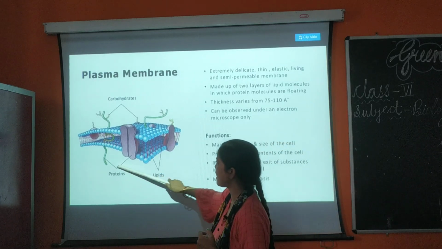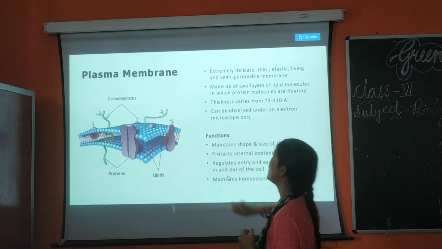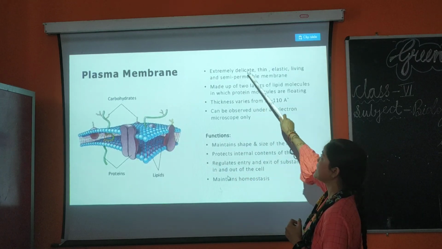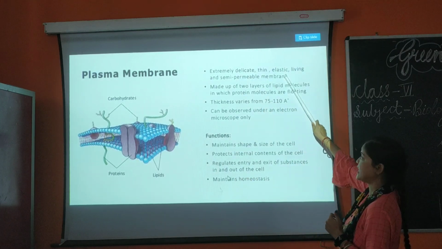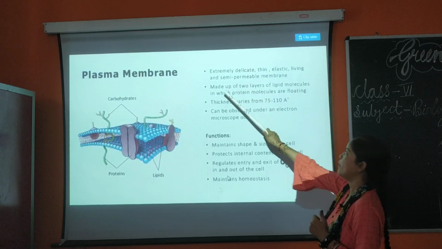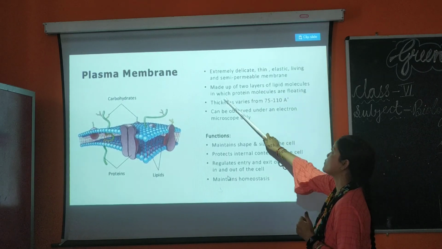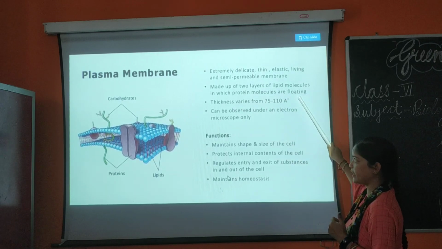These are proteins. It is made up of lipids as well as carbohydrates. Extremely delicate, thin, elastic, living and semi-permeable membrane made up of two layers of lipid molecules in which protein molecules are floating.